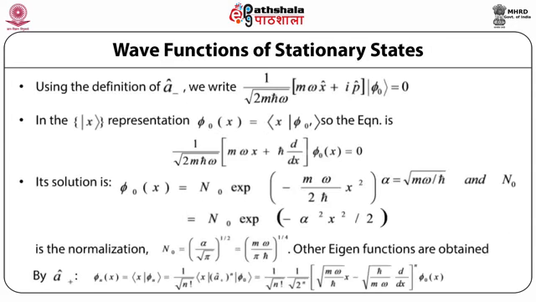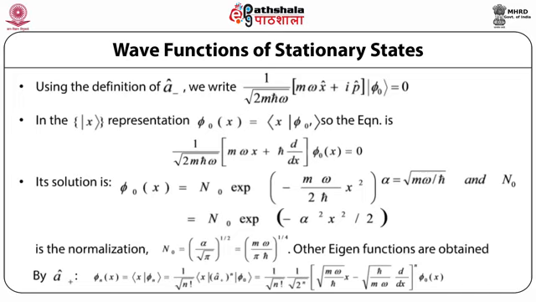Wave functions of stationary states. Now, using the definition of the lowering operator A minus, we can write that 1 upon under root of twice times the mass times h cross times the angular frequency omega, multiplied by within brackets, m omega times the position operator x plus iota times the momentum operator p, times the eigenvector phi naught is equal to 0.